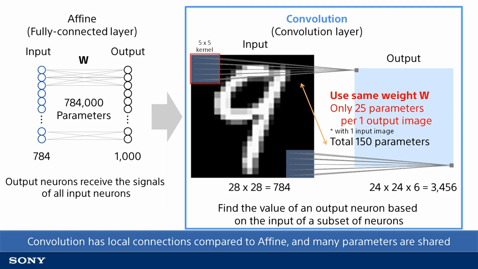In the case of convolution, the 25 weights W, which are 5 by 5, are commonly used throughout the image, so there are only 25 weights W per image processing session. Another major difference between affine and convolution is that the parameters are shared by each output pixel in convolution, and the number of parameters is significantly less than with affine.